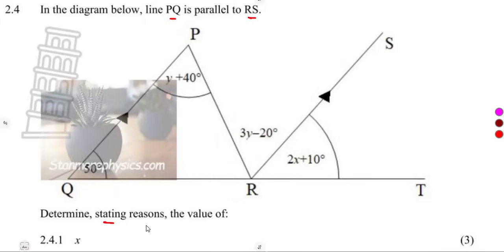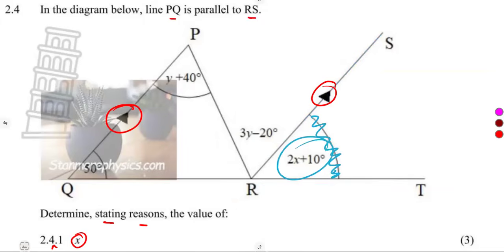Determine, stating reasons, the value of x. How can we determine the value of x if these two lines are parallel? Let's see where x is. X is here on angle SRT, this one.